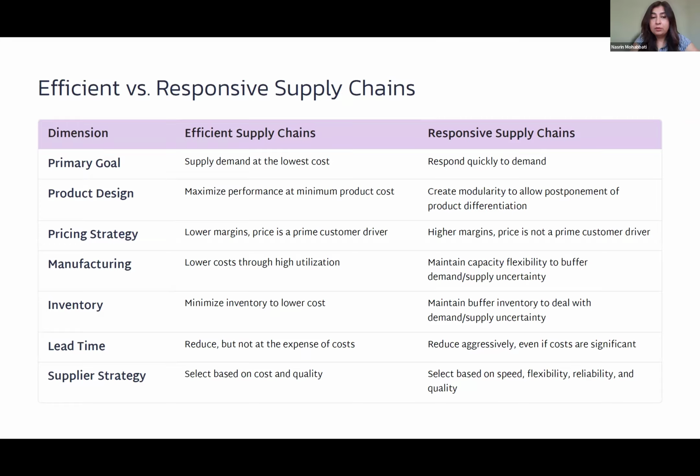Lead time: efficient supply chains do not necessarily offer fast deliveries, but they try to work on the cost side. Responsive supply chains do offer short lead times. Supplier strategy: efficient supply chains work with low cost, good quality suppliers, but responsive supply chains try to work with high quality, reliable, flexible, high speed suppliers on their products.